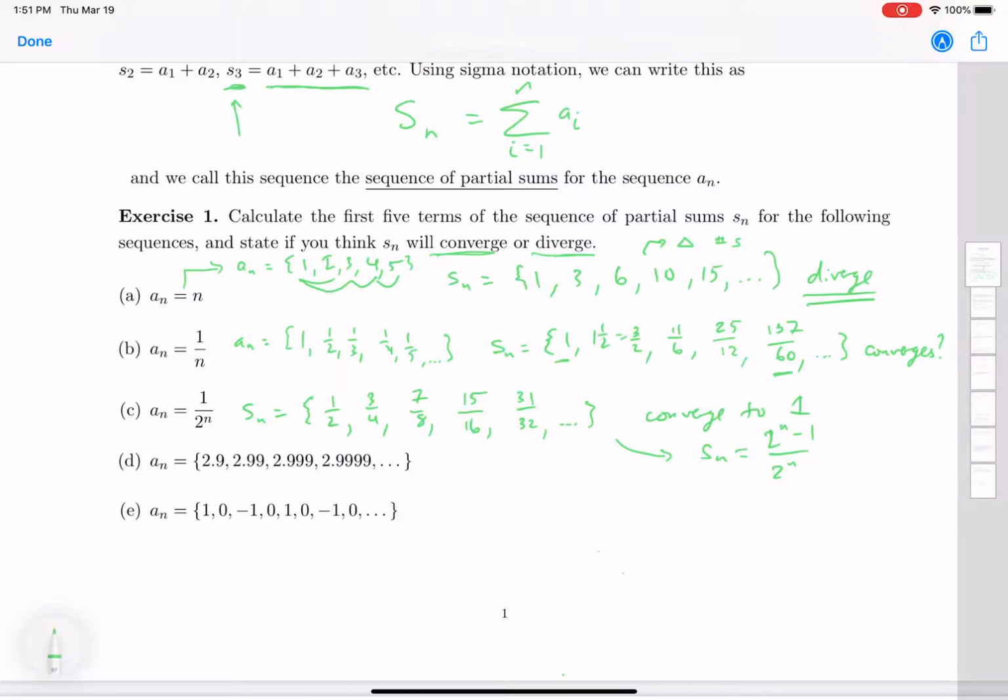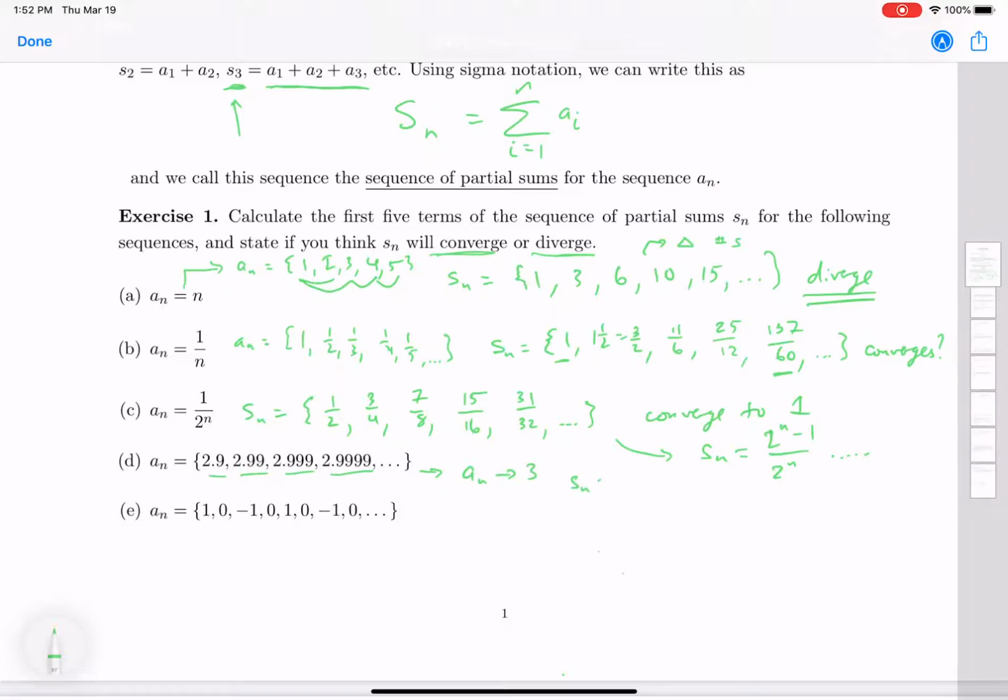And if you think through what that equals, you can convince yourself that that will in fact converge to 1 as n gets larger and larger. All right, so a sub n here, each of these terms, we're just adding on another 9 in the decimal expansion. That's going to get closer and closer to 3.